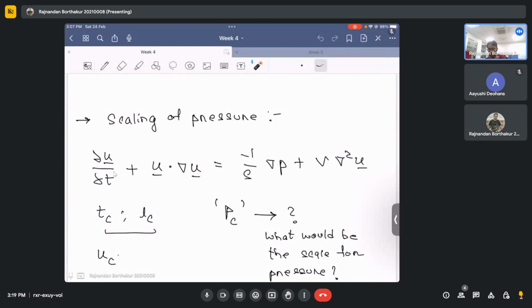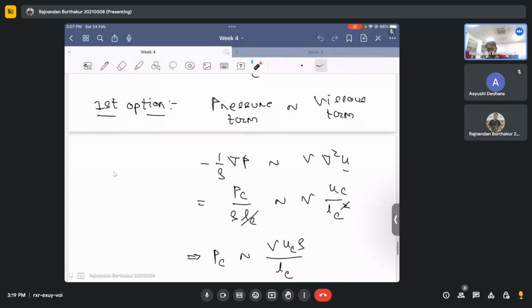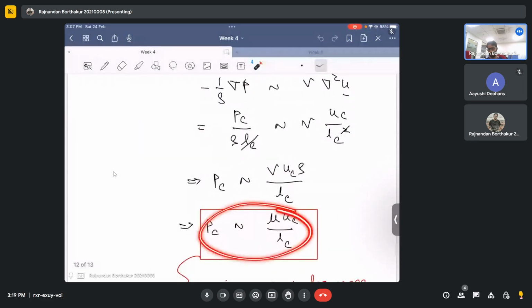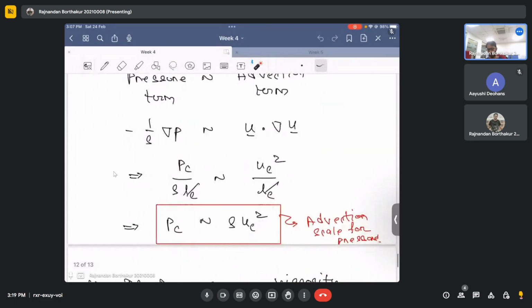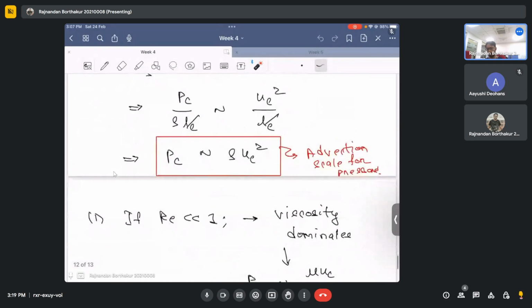For instance, if the Reynolds number is very small, or we are in the viscous regime, then pressure scales as the viscous scale, which is the dynamic viscosity times the characteristic velocity divided by the characteristic length. In the other case, if the Reynolds number is large, pressure will scale as the advection term, which is rho times the square of the characteristic velocity.